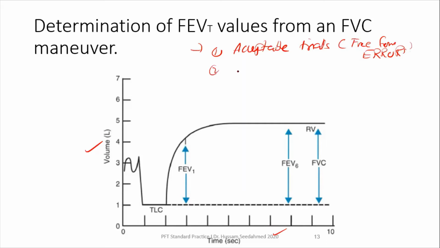Second thing, you should check for the repeatability. We also talked about it last time, the repeatability. So you should check for the repeatability between the two largest FVC, of course between the two largest acceptable trials. So the first step is to make sure my trials are acceptable.